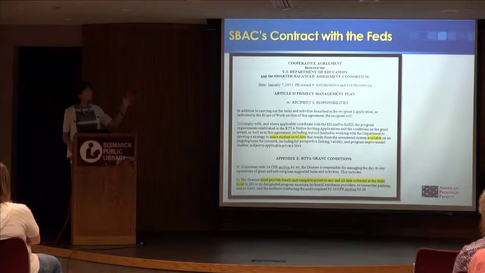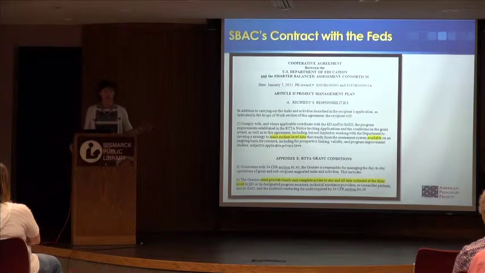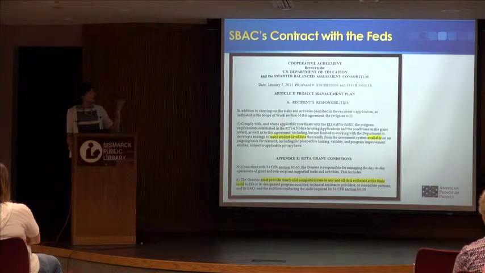All right, back to Smarter Balanced. Smarter Balanced, remember, got all this money from the federal government to create these tests. North Dakota is now a member of Smarter Balanced. Smarter Balanced has a cooperative agreement with the U.S. Department of Education.